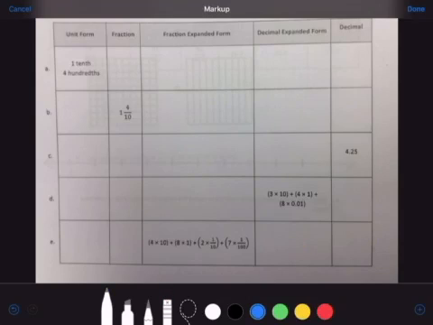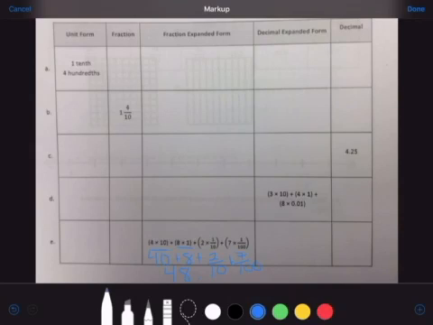So if we have 4 times 10, that equals 40, okay? Plus 8 times 1 is 8. So already I see that I have the number 48. Then I have 2 times 1 tenth, which will be 2 tenths, plus 7 times 100th, which will be 7 hundredths.